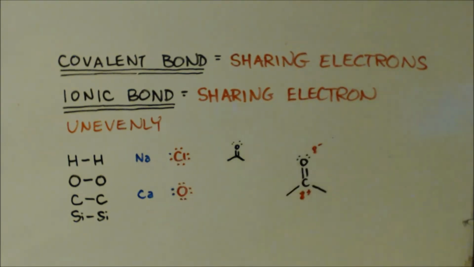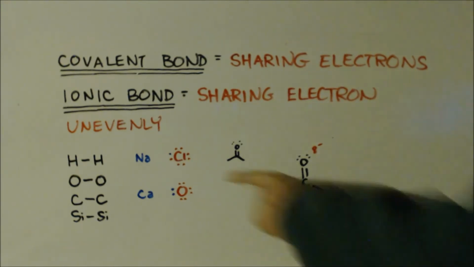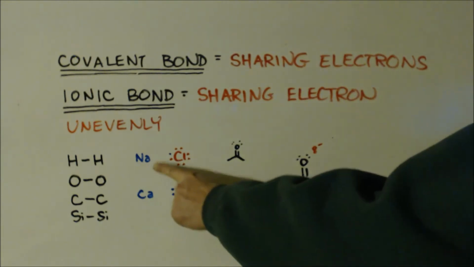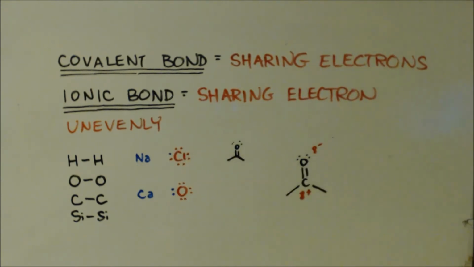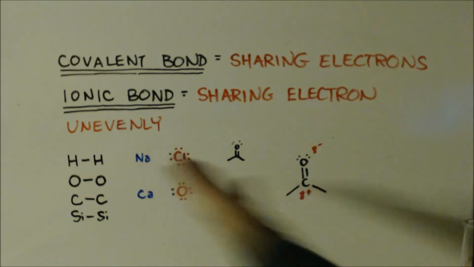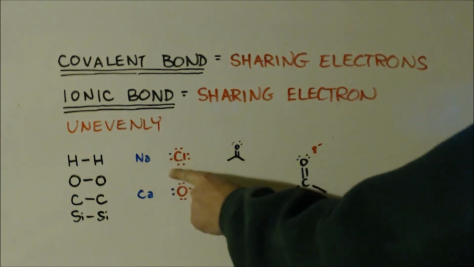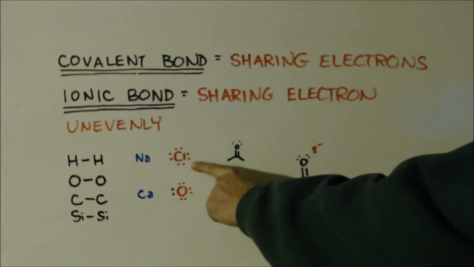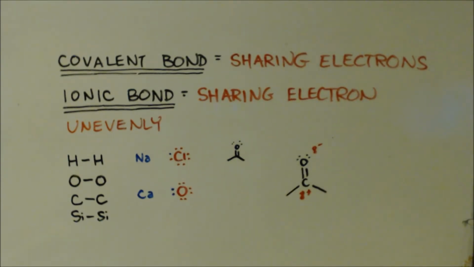But what about sodium chloride? You see chlorine has 7 valence electrons, where sodium only had 1. But the chlorine took it because that's the only way that he'll have an empty valence orbital. Chlorine will have a full one, and that's what they want. They either got all or nothing. So this guy is more electronegative because you can look on the Pauling scale and see that he has a bigger electronegativity number.